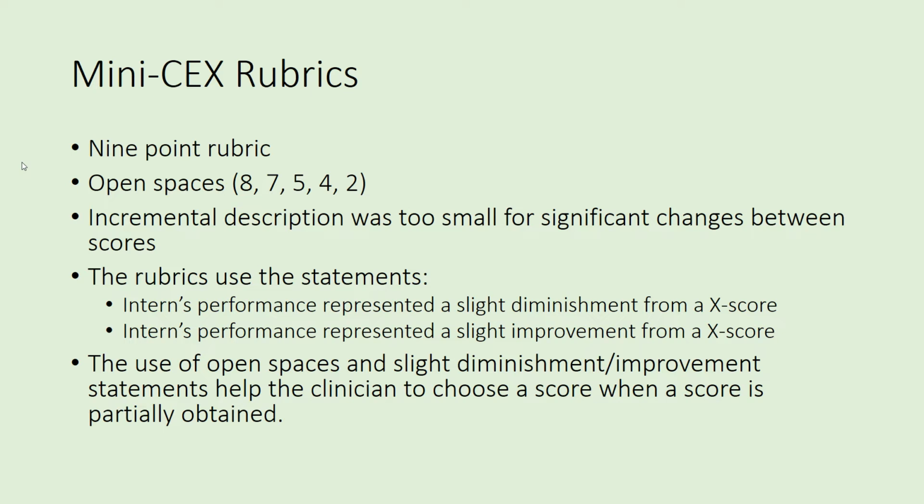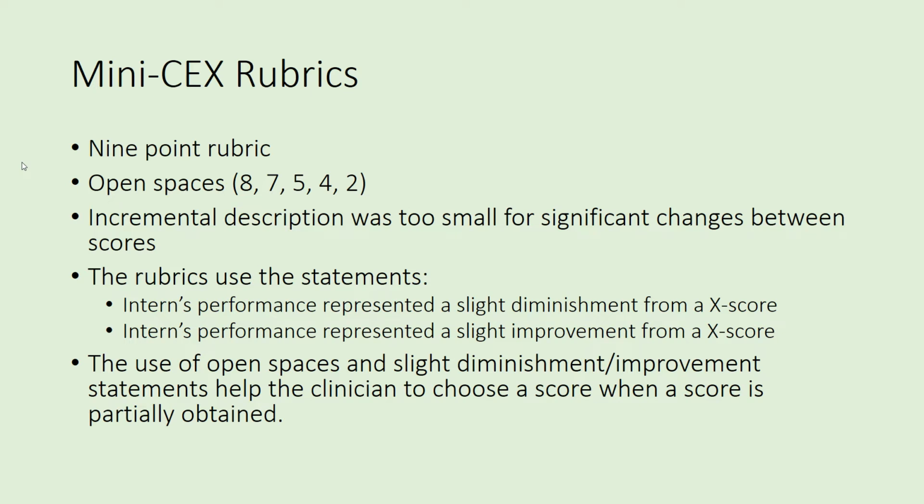The rubric does use the statements, intern performance represented a slight diminish from this score, or the intern's performance represented a slight improvement from that score. That gives, like I said, a little bit of liberty and freedom to say, hey, it was better than a 6, but it was lower than a 7, or vice versa.